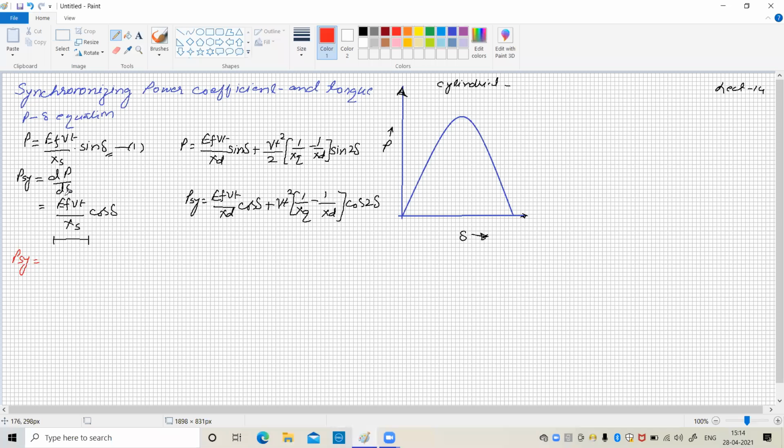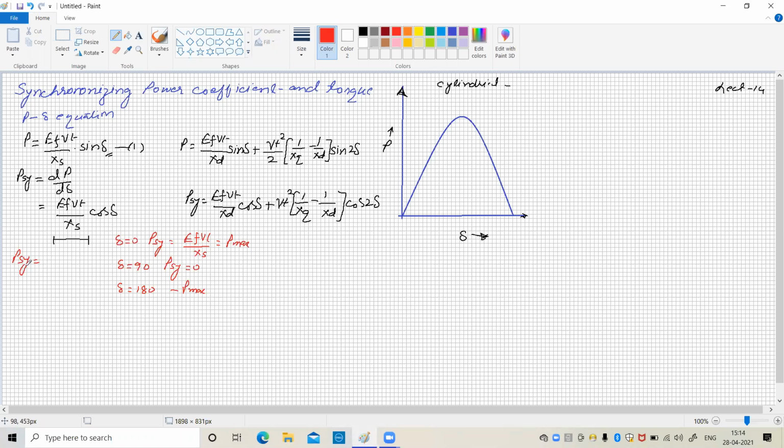At delta equal to 0, PSY is equal to EF Vt upon XS, the maximum value, and at delta equal to 90, PSY is equal to 0, and at delta equal to 180 degrees it is a maximum value, but in the opposite direction.